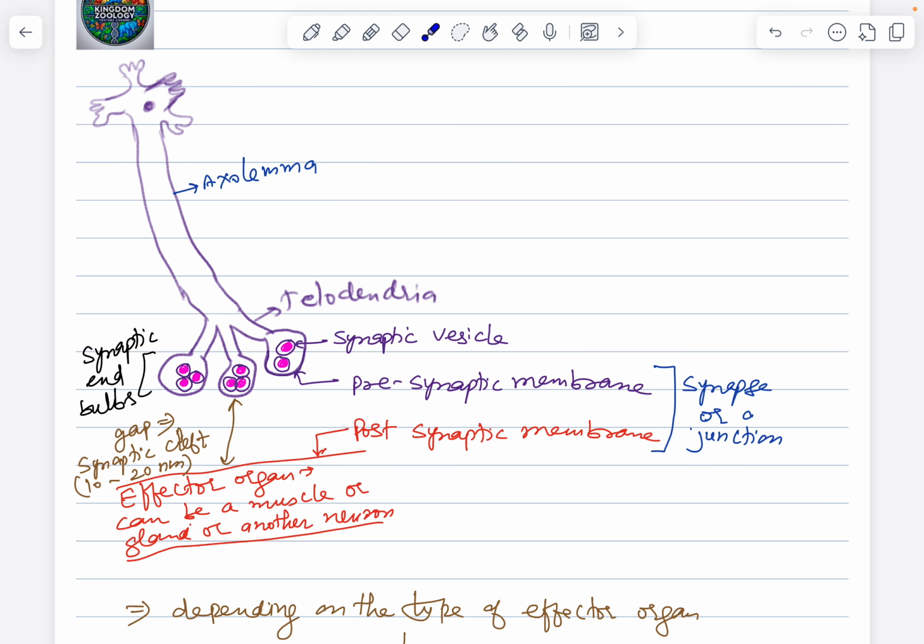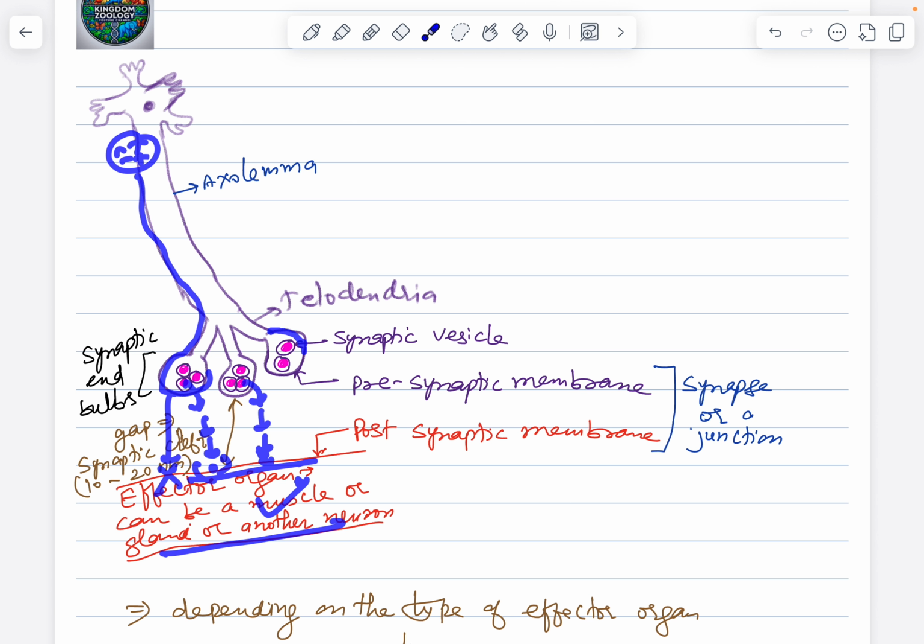So we can clearly notice that when action potential is generated over here, it reaches very quickly till this place. But then the action potential cannot reach over here because there is no actual contact. So neurotransmitter release, traveling of neurotransmitter, then only there will be effect on the organ. The time taken for the release of neurotransmitter and the time taken by the neurotransmitter to travel across the cleft is called synaptic delay.